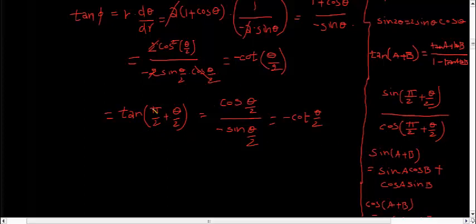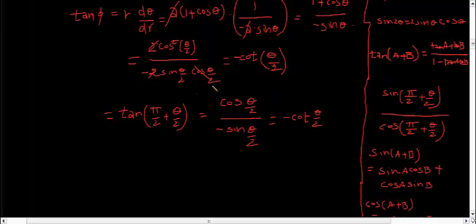We need not memorize that tan of pi by 2 plus theta by 2 is equal to minus cot theta by 2. Tan of pi by 2 minus theta by 2 is what? We can derive it on the fly. Tan of pi by 2 minus theta by 2 is sin of pi by 2 plus of minus theta by 2 over cos of pi by 2 plus of minus theta by 2. We just need to apply this identity and get the result.